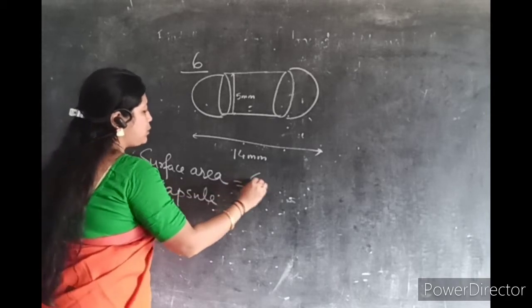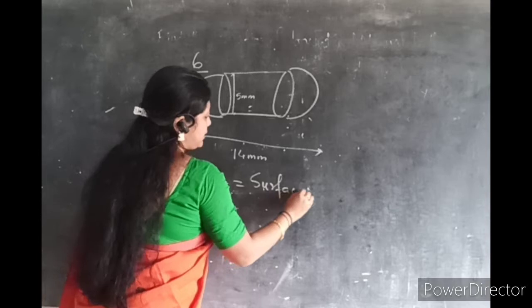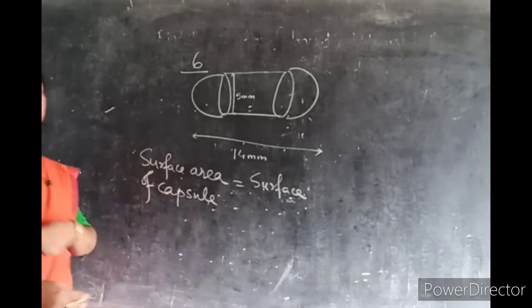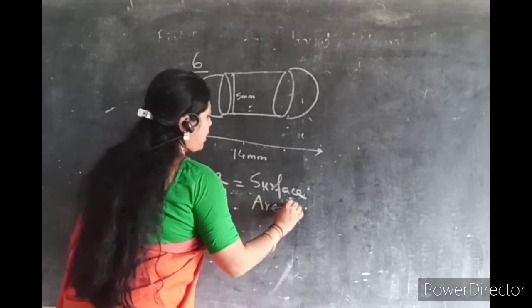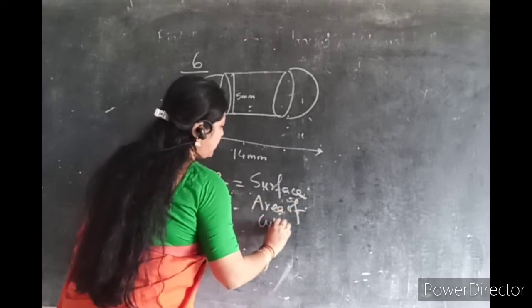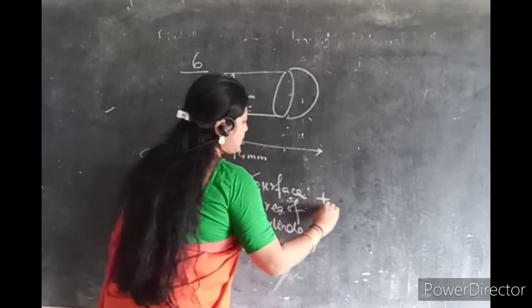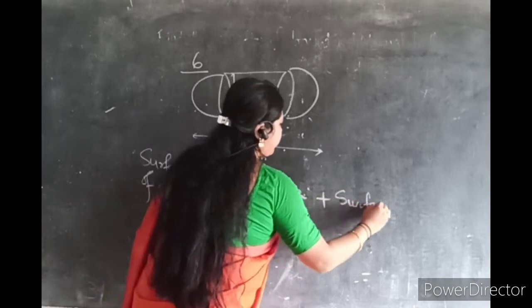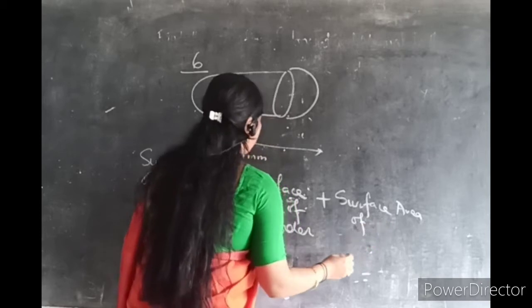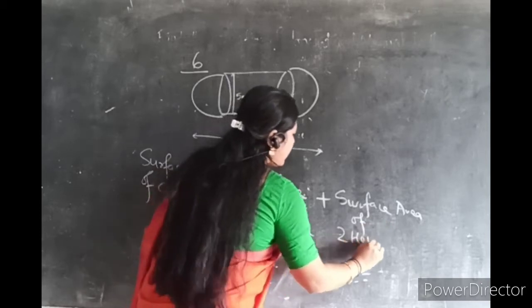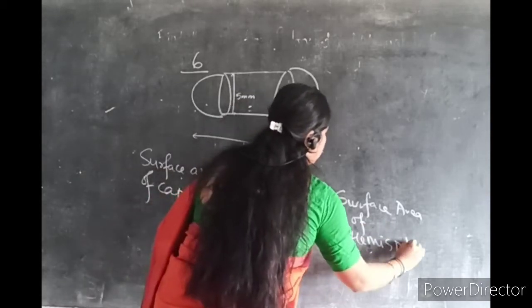That will be equal to, as you can see here, surface area of cylinder plus the surface area of two hemispheres, isn't it?